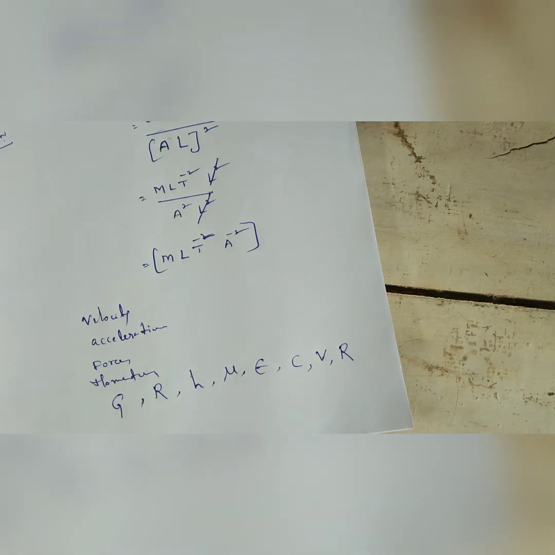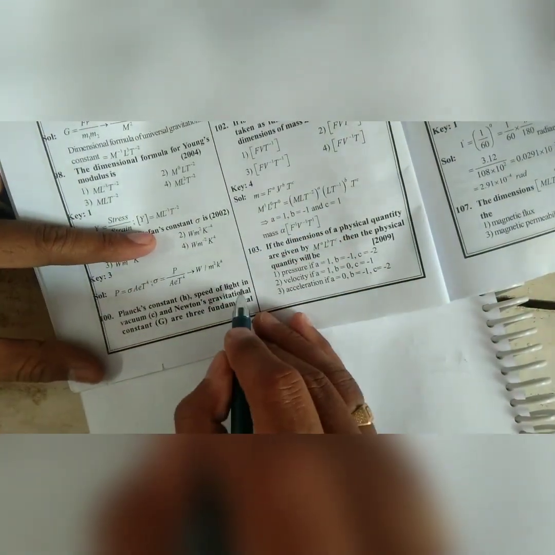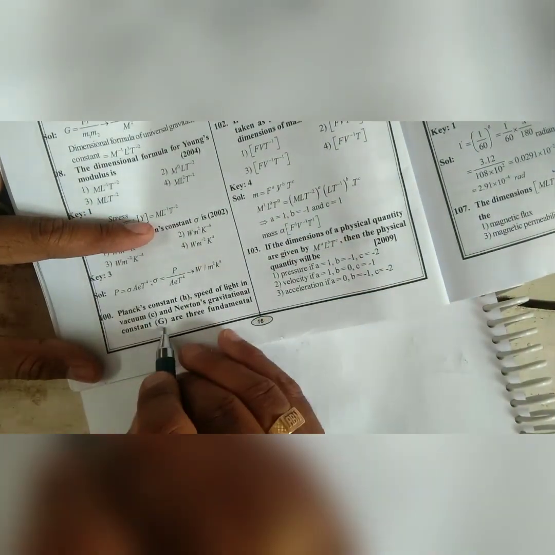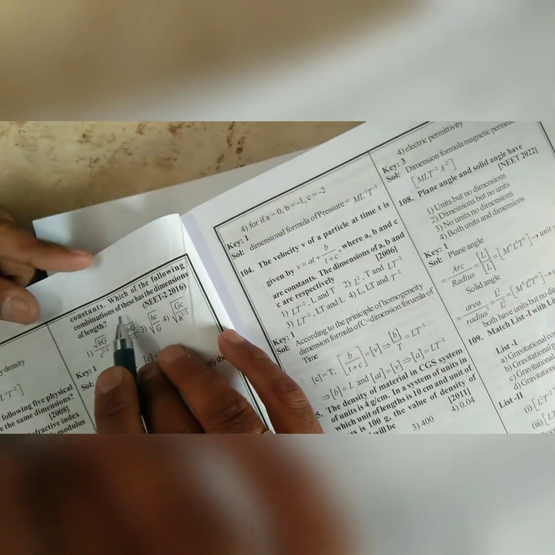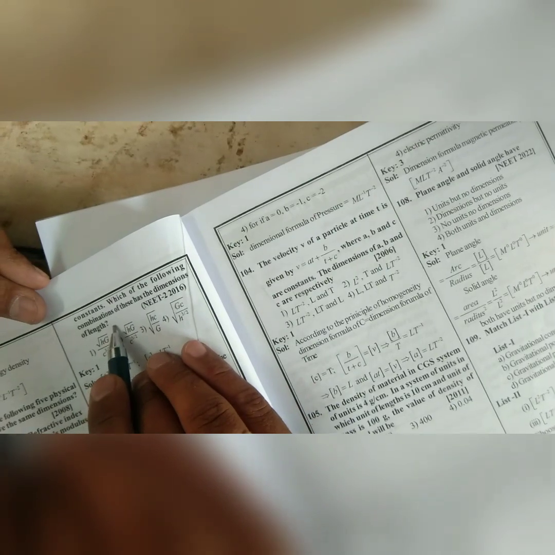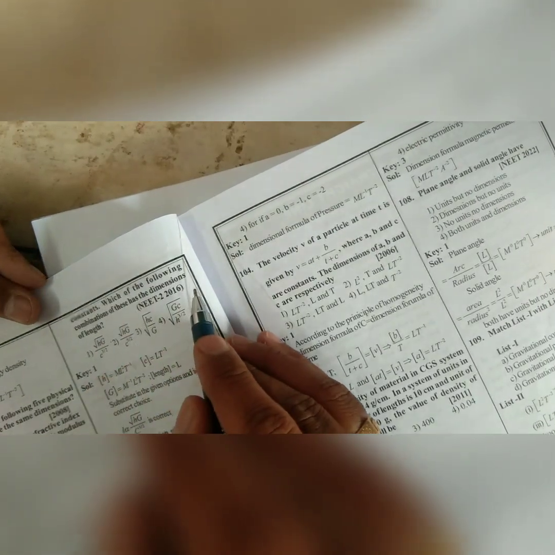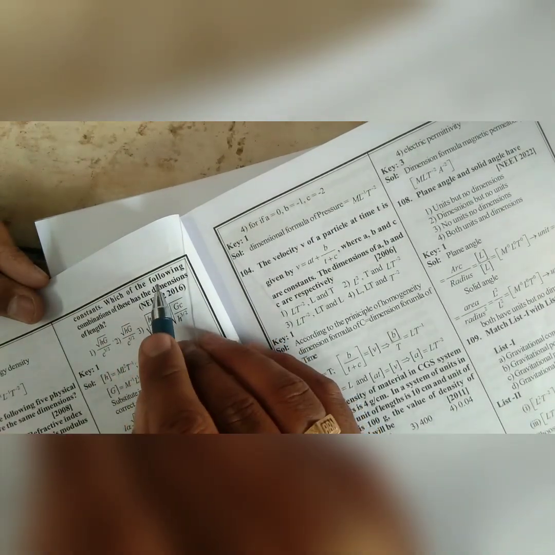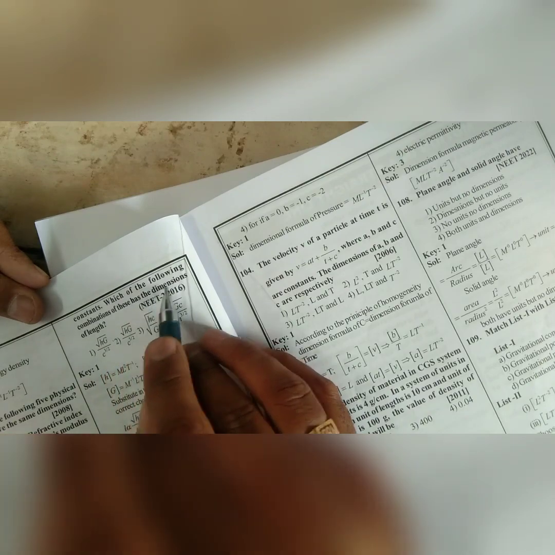2016. NEET 2016. See this model. Planck's constant h, speed of light in vacuum c, and Newton's gravitational constant G are three fundamental constants. Which of the following combinations of these has the dimensions of length?